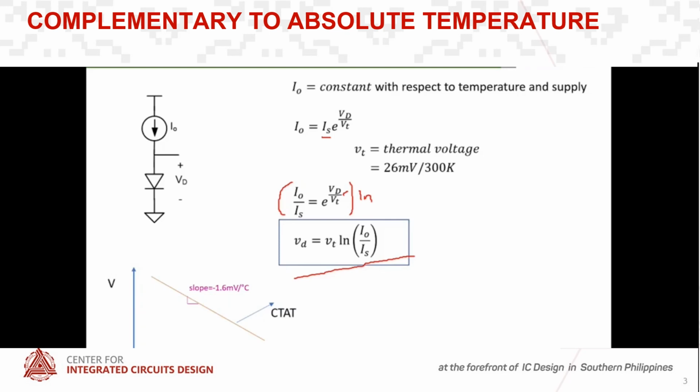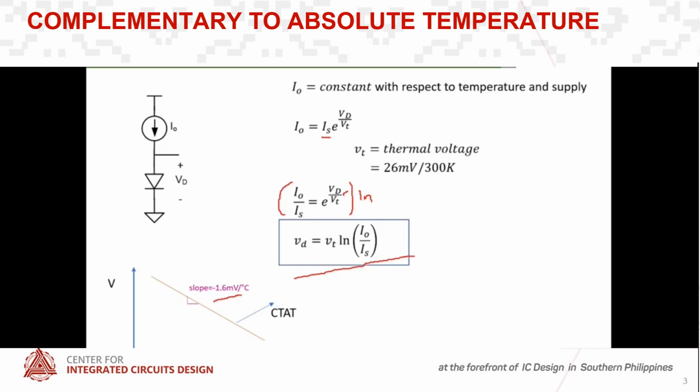Based on industry standard, or what you can see in the book, it is around negative 1.6 millivolts per degree Celsius. But this value is not fixed.